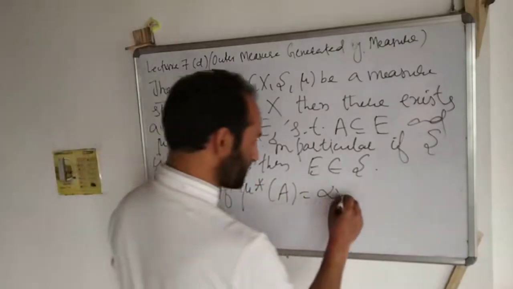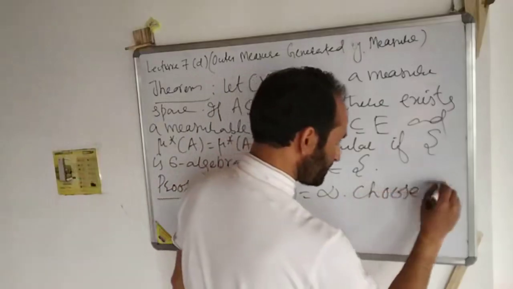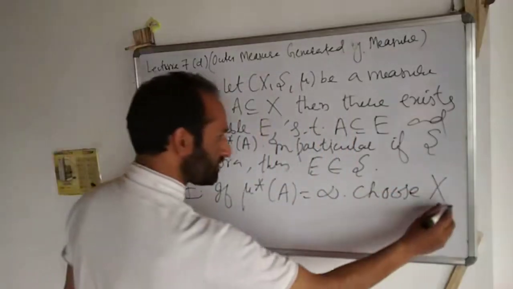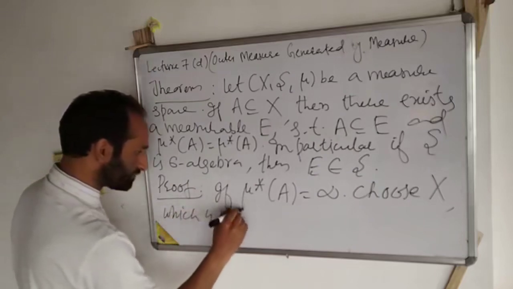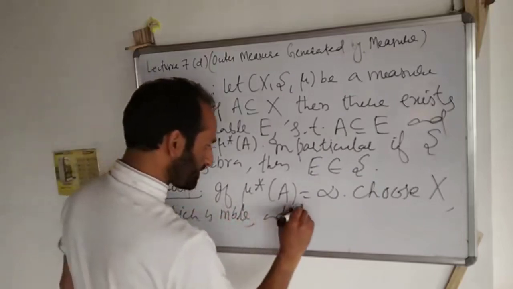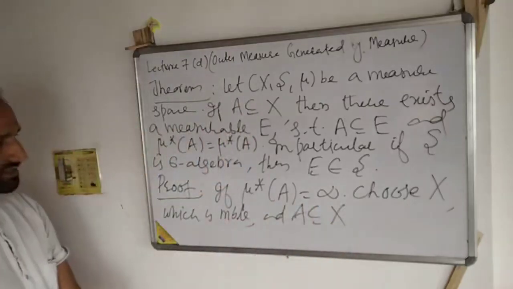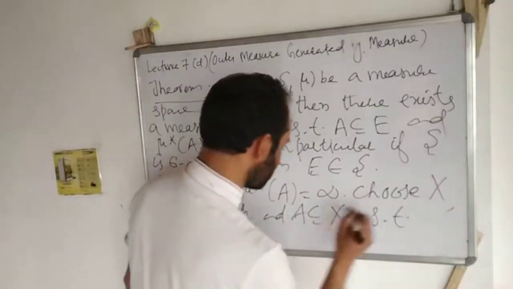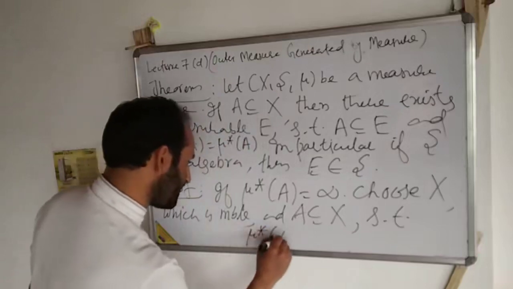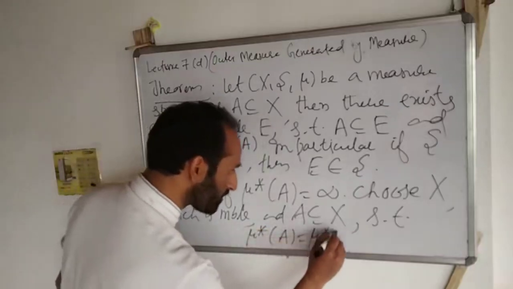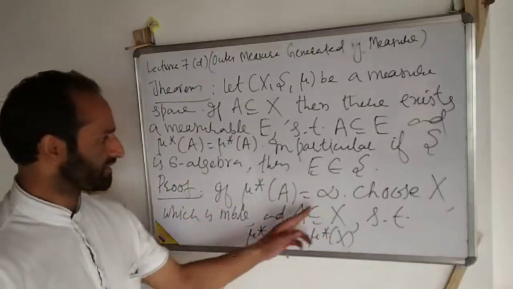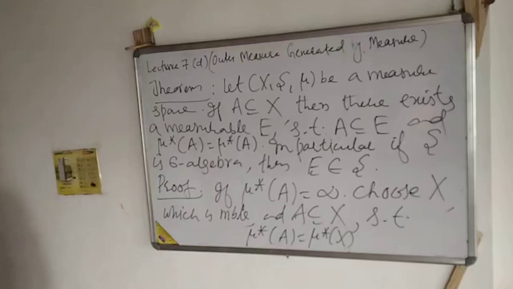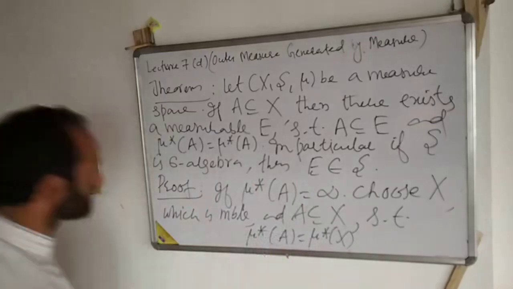Let's choose X, which is measurable and contains A, such that mu star of A is the same as mu star of X by the monotone property of mu star. Because mu star of A is infinite, mu star of A is less than or equal to mu star of X, therefore mu star of X is also equal to infinity. So both are equal in that case.